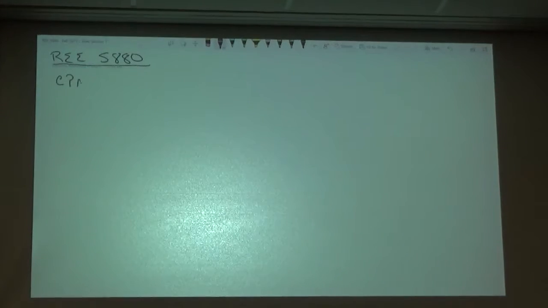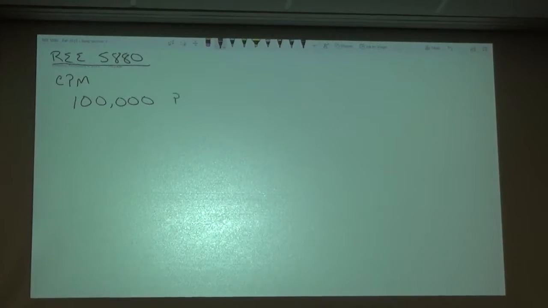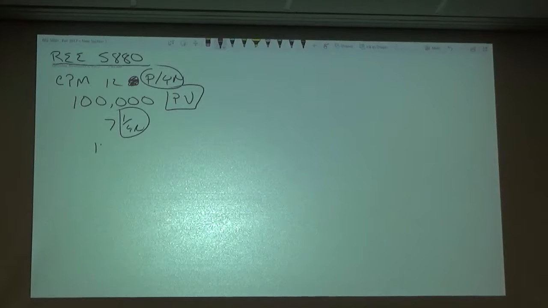So for a constant payment mortgage, this would be nothing more than saying, all right, you've got a $100,000 loan amount as your present value. This is going to be 12 payments per year. We've got an interest rate of 7%. You've got a term of 15 years.